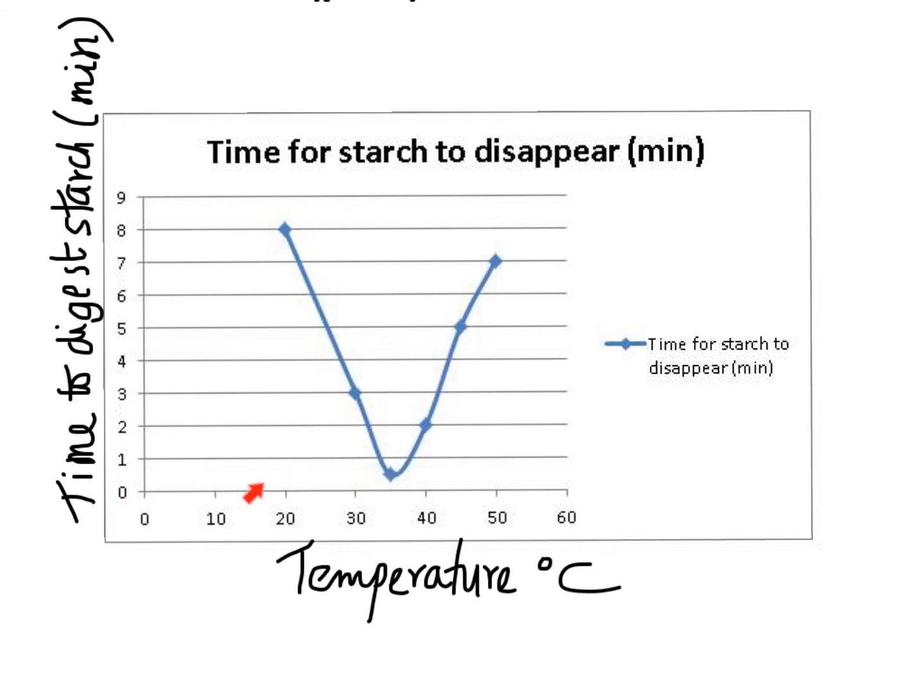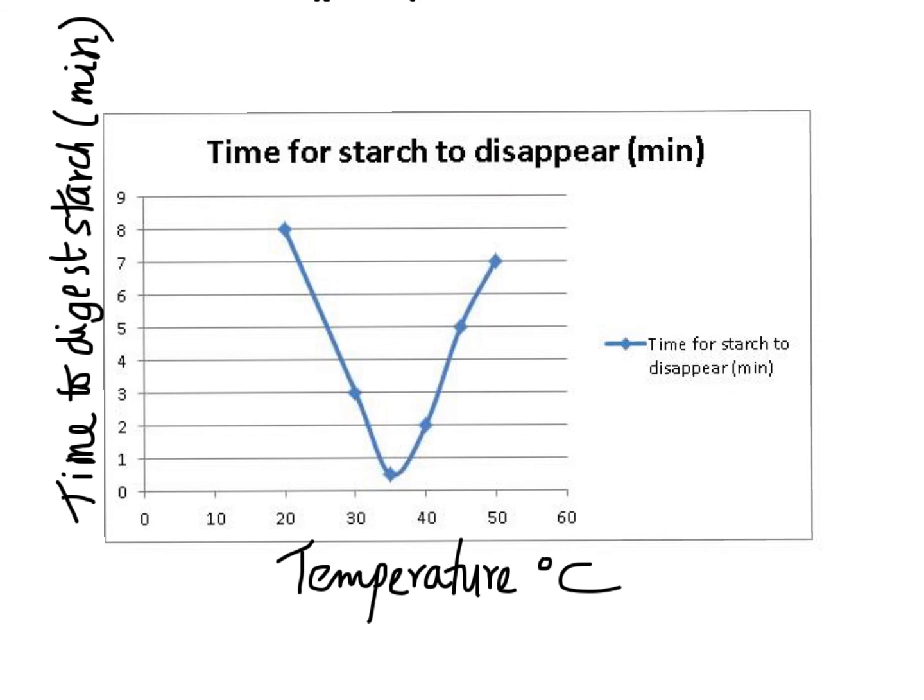It's taken the least amount of time. So when you interpret graphs from experiments on enzymes, you just need to look at the labels very carefully, what it shows, and interpret accordingly. You can also see the time decreases as you increase the temperature up to 37, and then the time to digest increases, and it possibly will increase very high past 50, because at higher temperatures the enzymes will just denature.